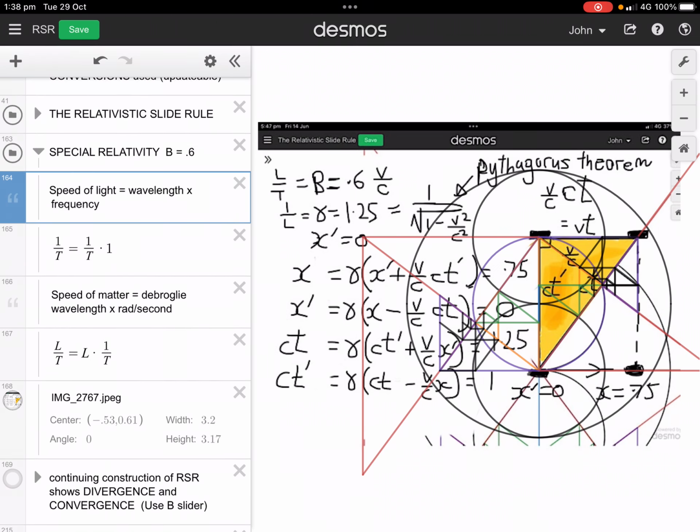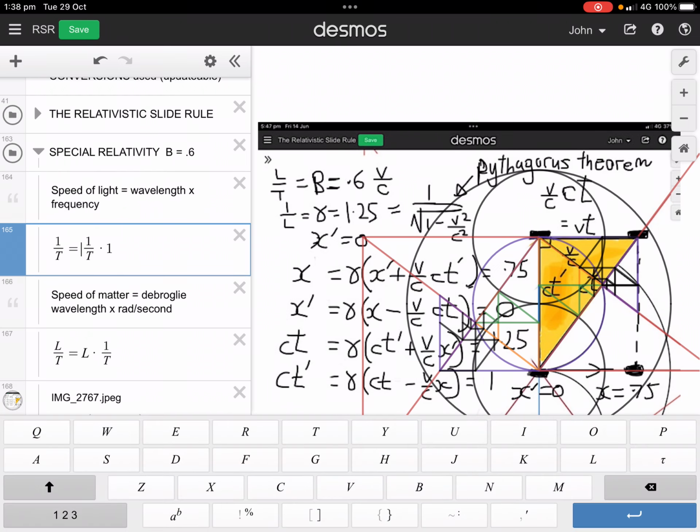The speed of light is wavelength times frequency, so according to the relativistic slide rule I think that's the equation, because the speed of light actually drops depending on the medium, so it's always 1 over t, but in a vacuum 1 over t is 1. So the wavelength is the same as the velocity, so it's 1 over t as well, and then the frequency is a constant.